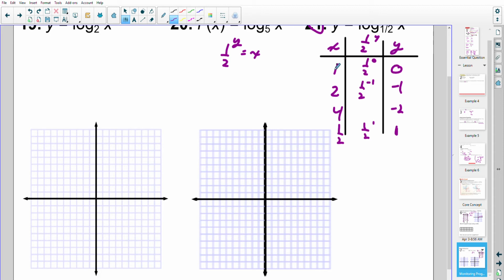Again, you're reading them as points x, y now: 1, 0; 2, negative 1; 4, negative 2; 1/2, 1. And this is going to follow that pattern and go up like this.